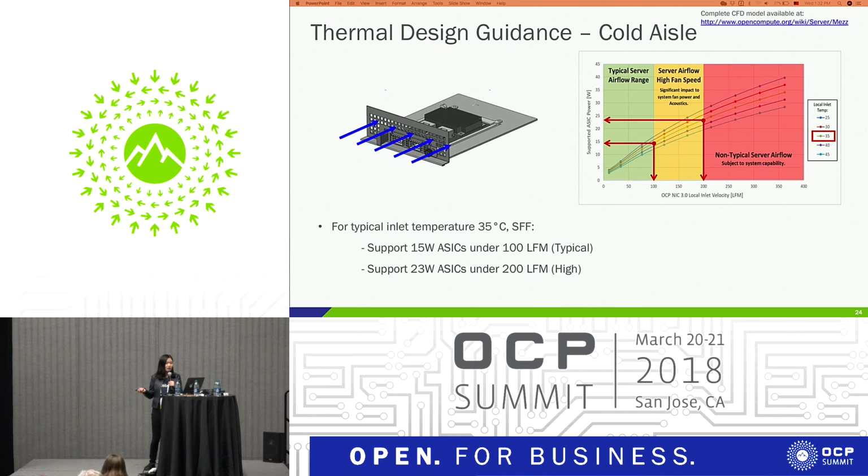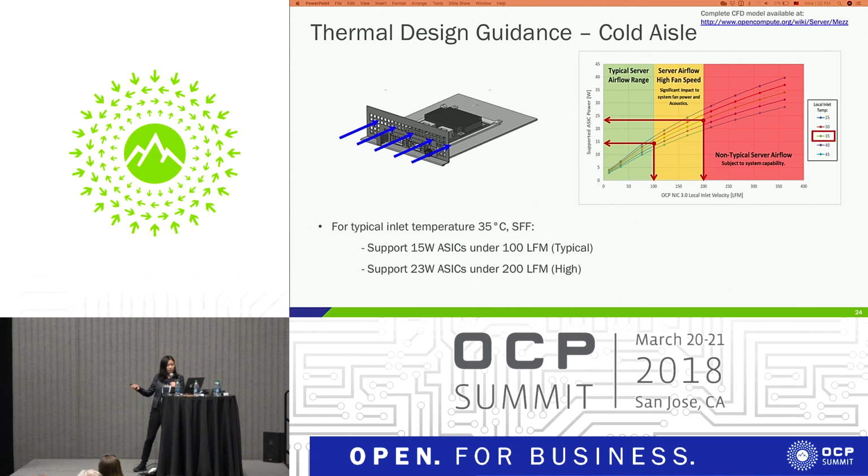Then we have a higher fan speed region, which means that if the system can take the risk of operating the fan at a higher level, we can support even higher ASIC power. And we also have this red zone, which is not typical for server use cases. So when you design the NIC, you probably need to take that into consideration. We do not want to put too much power into the NIC, so that we cannot cool it.